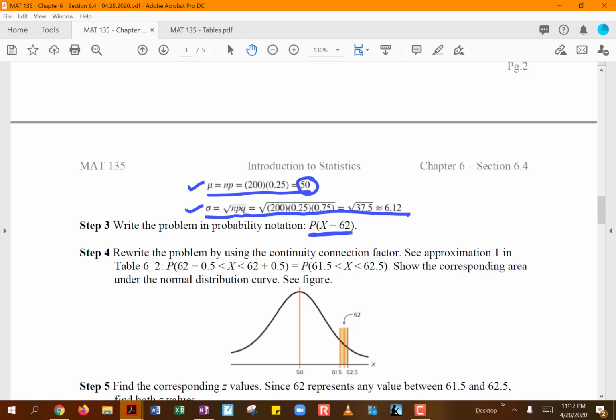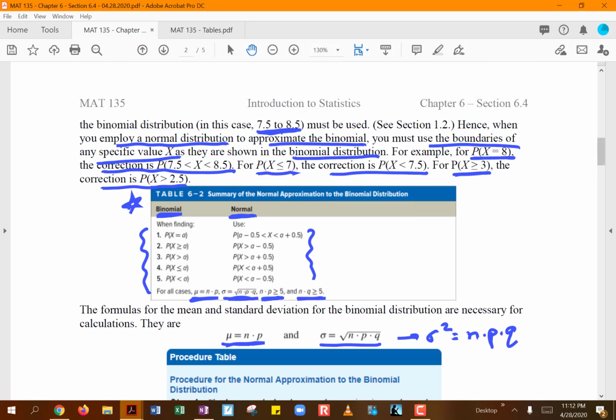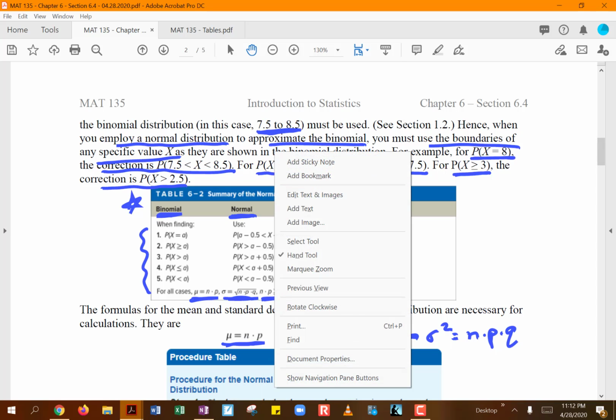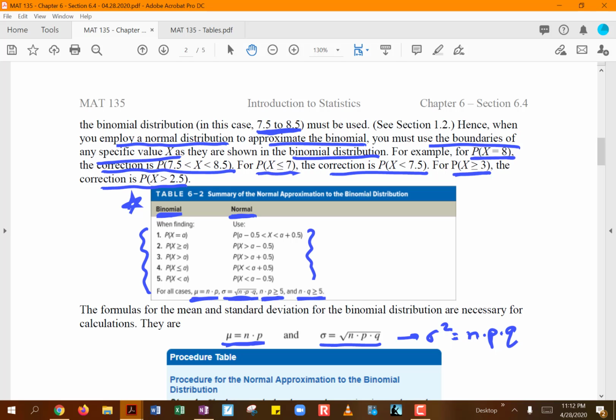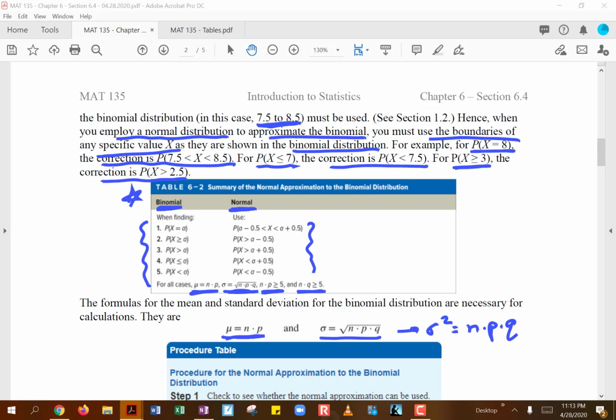So now, once you come up with that, then we go to our table, and you can see for x equals a given number, your correction factor right here in number 1 is going to be using the boundary half of that number and half a point above that number, right? So just looking right here at this first case.